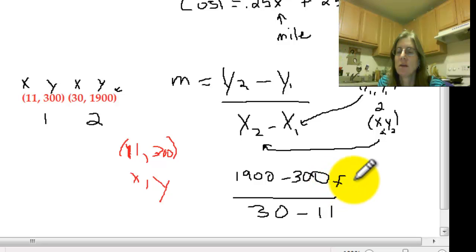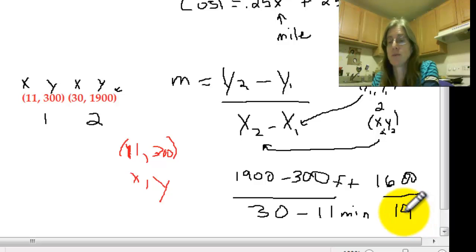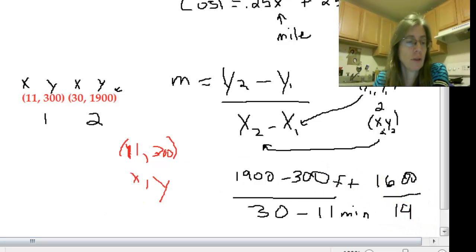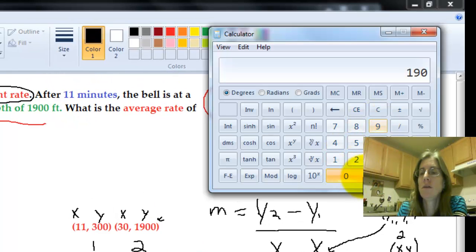We've got feet and minutes. And then we subtract, so it's 1600 over 19. Let's look at that on the calculator. 1600 divided by 19.